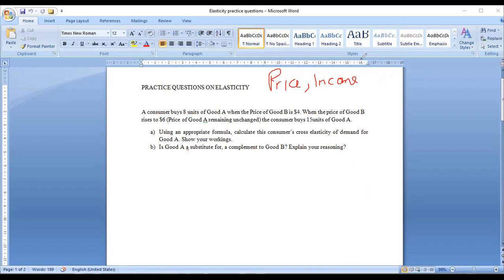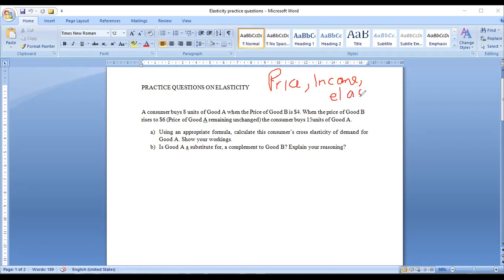Remember we saw in our definition that elasticity is the degree of responsiveness of one variable due to the change in another variable.